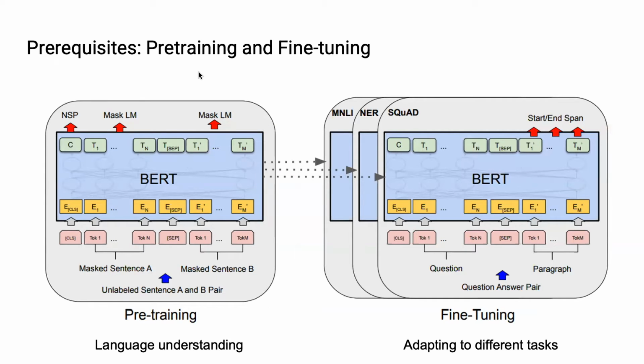Another major concept I want to briefly introduce is the pre-training concept and the fine-tuning concept. You can think of pre-training as language understanding. For example, if this is your input paragraph and you randomly mask some words, your output will be to recover the masked words.